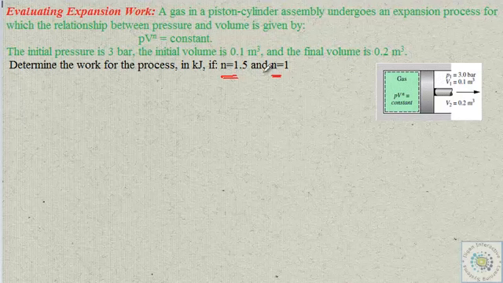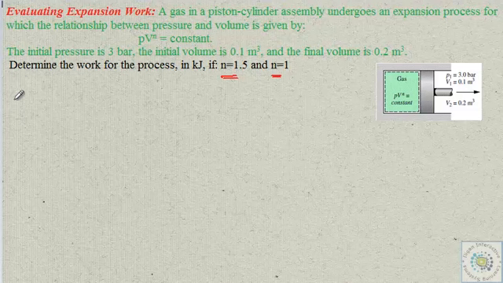So work here will be negative, because we're using the convention that when work is negative, work is being done by the system on the surroundings. The initial pressure is 3 bar, the volume is 0.1 m³, and V2 will be 0.2 m³. So how do we solve this?